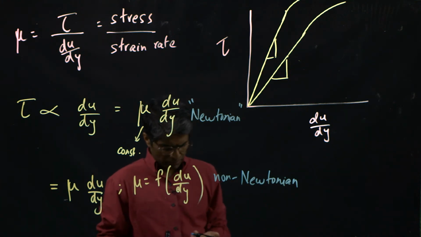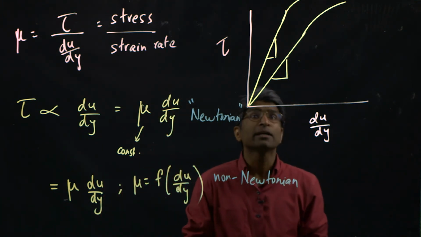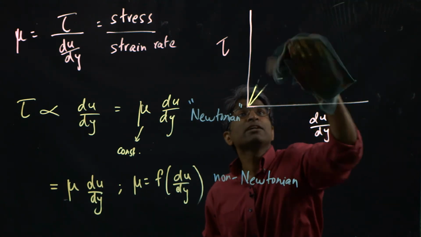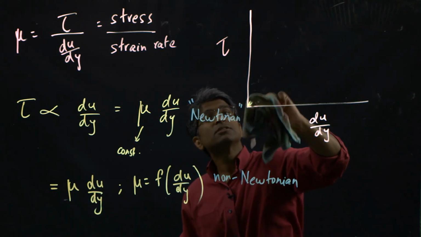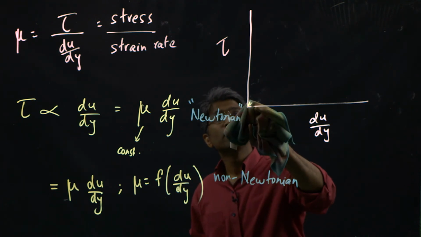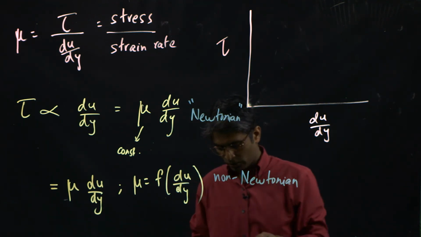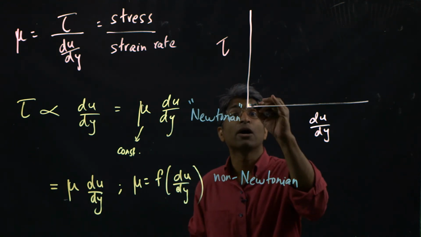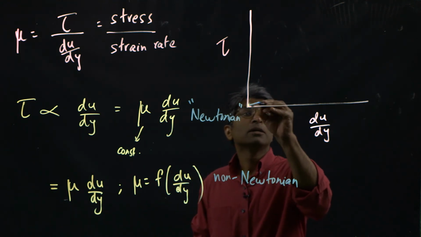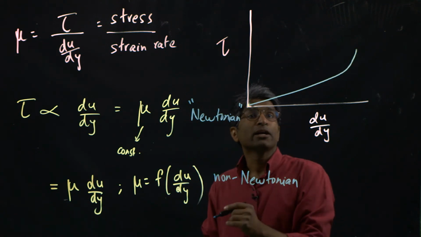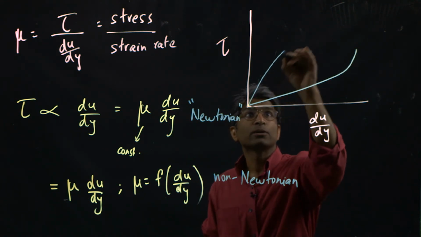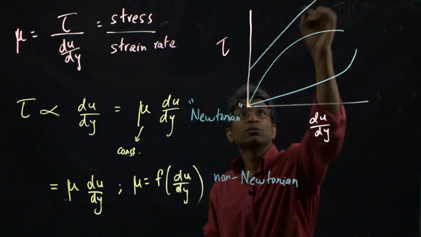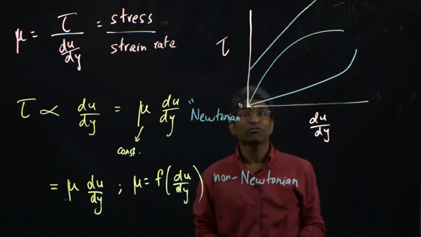And depending on how that curve looks like, let me erase this and talk about various kinds of non-Newtonian fluids. We will not actually be working with non-Newtonian fluids much in this course, but it's a good idea to know what they are. So, if you had a fluid, a curve could look like this, or it could look like that, or it could be linear with some offset.